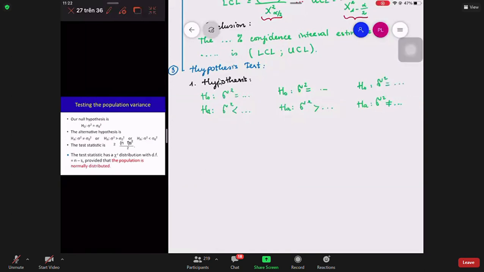Okay. Now the second step here is the test statistic. In order to specify the test statistic here, we have to check the assumption. Now the assumption for this will be the same as for the confidence interval.